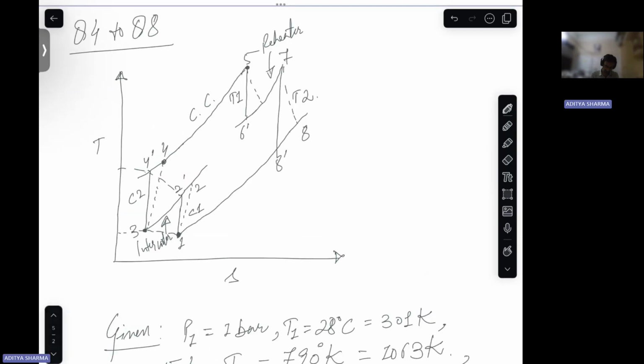This means that T4 and these two will be at same level. So just don't go with the diagram when you are comparing the levels. But essentially this is the meaning.